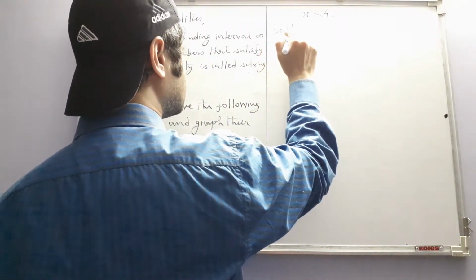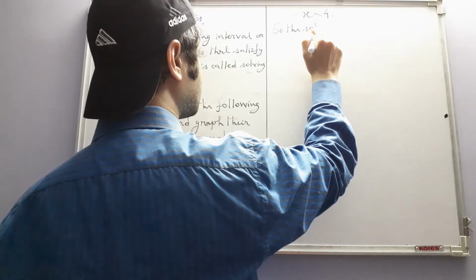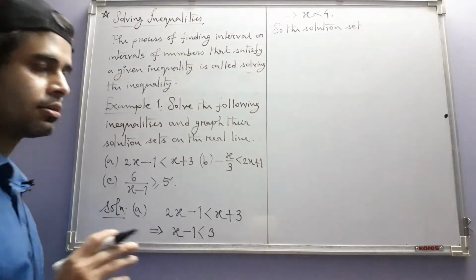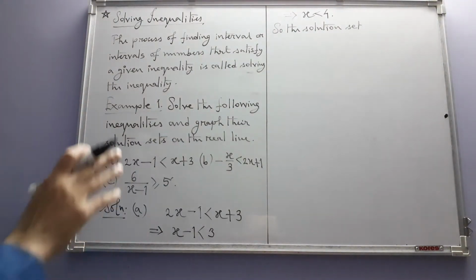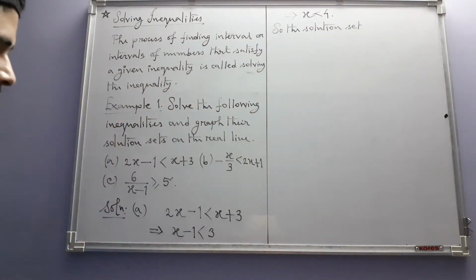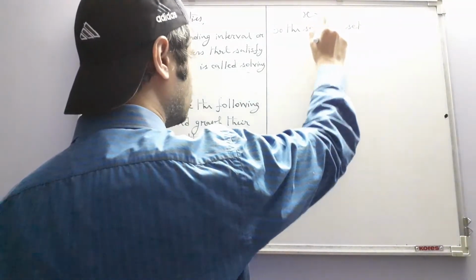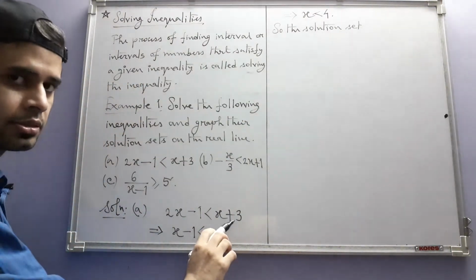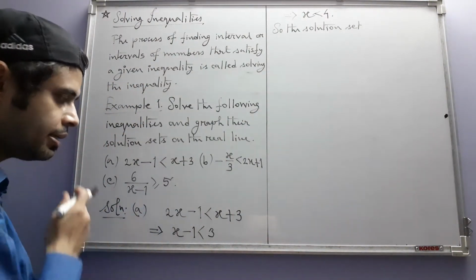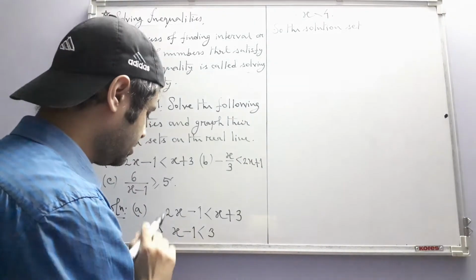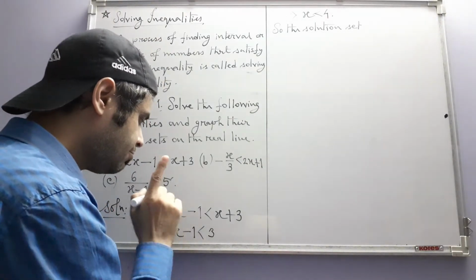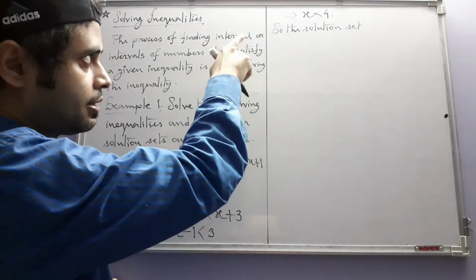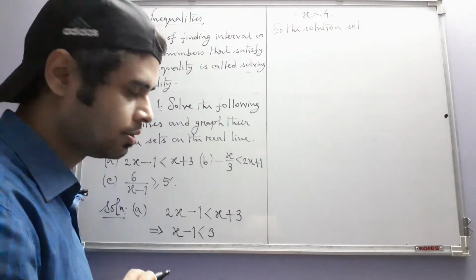So the solution set is the set of all real numbers strictly less than 4, and that is so because you can go back also. If you start from here, you will get this thing. You can interpret it like this: if x is a real number that satisfies this inequality, then x has to be less than 4.